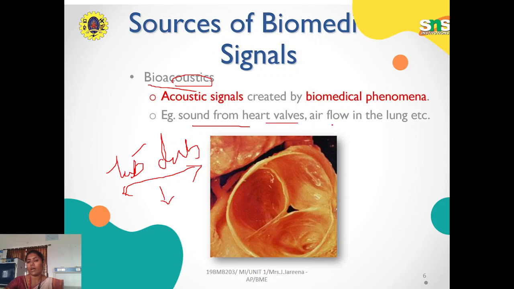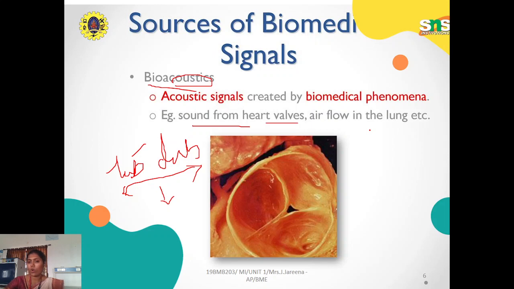And we also have another example, that is airflow in the lungs. You will get some sound when air flows in the lung. If there is any obstruction in the trachea or in some other part of the respiratory tract, the flow will vary. If there is any disturbance, or turbulent flow due to some obstruction of the trachea or blockage, the sound will vary.